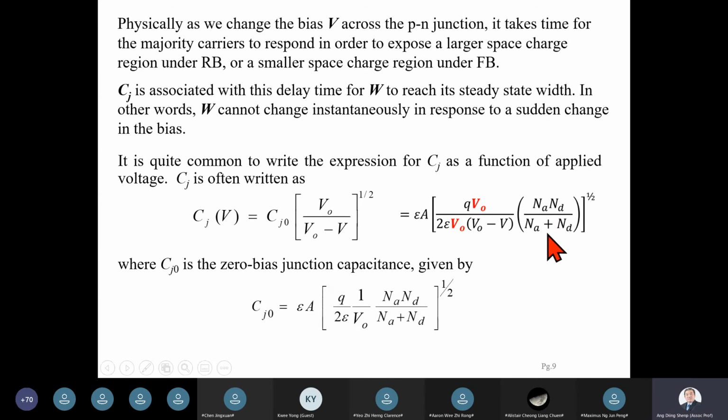Now, as I mentioned earlier, in a real p-n junction, we do not get an abrupt junction whereby the doping concentration changes step-like from one region to another. That is not practical. So in a real p-n junction, the doping profile changes gradually, typically approximated by a linear line.